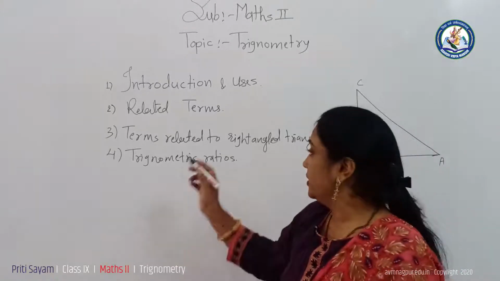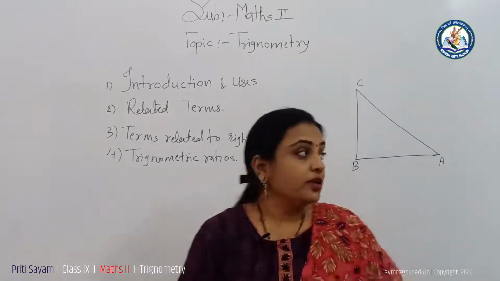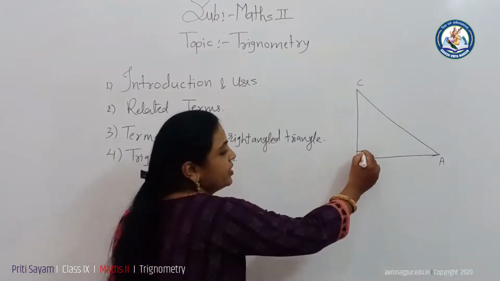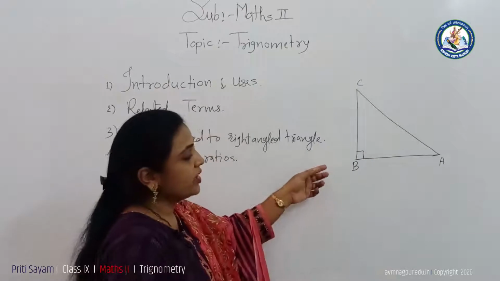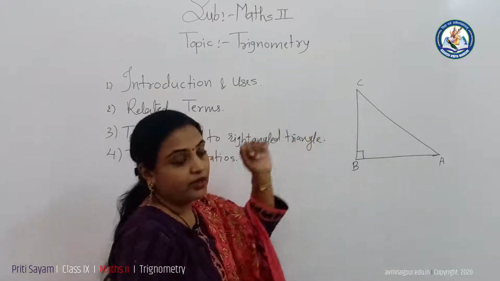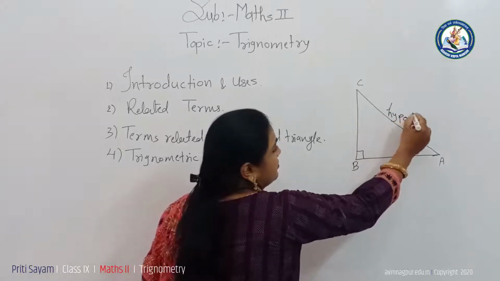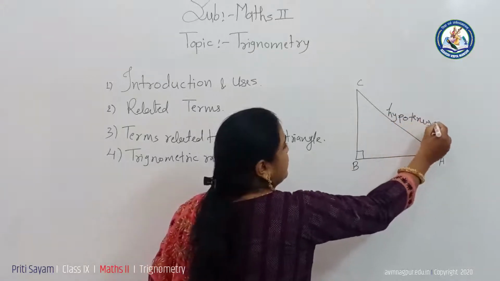Then terms related to the right angle triangle. This is a right angle triangle ABC. Angle B is 90 degrees. As we know, the side opposite the right angle is the hypotenuse.